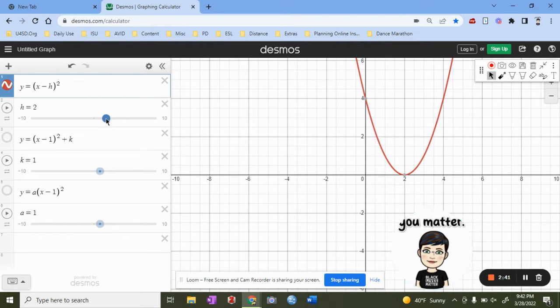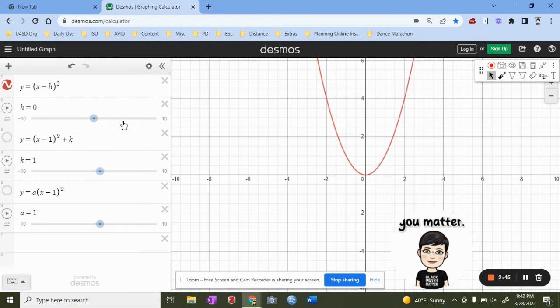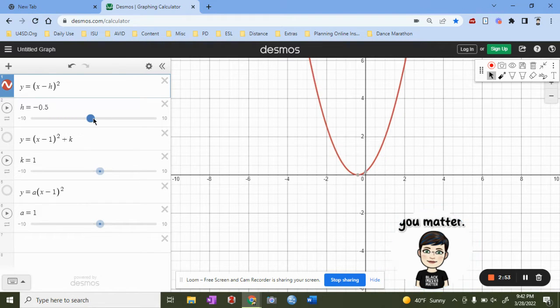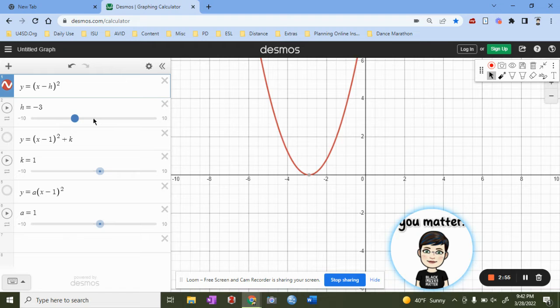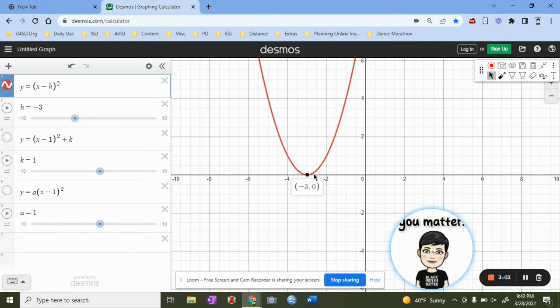Let's take a look at what happens if we make it 0. Well, now my vertex is at 0, 0. What if it's a negative number? Let's say it's negative 3. Then when I come here, my vertex is at negative 3, 0.